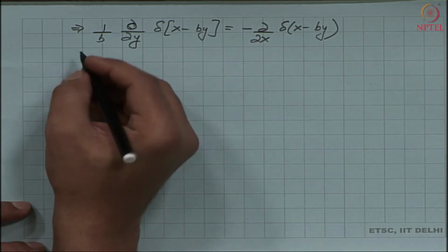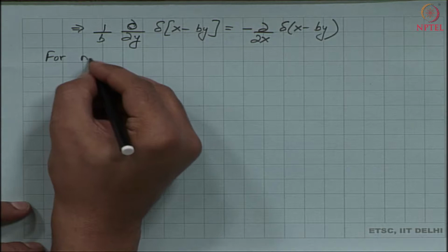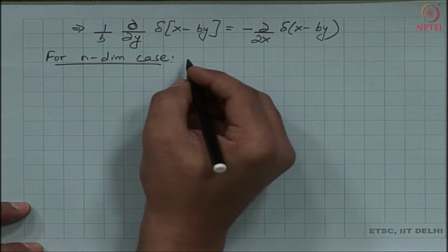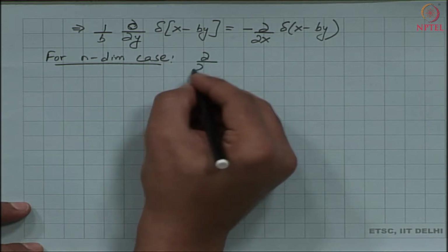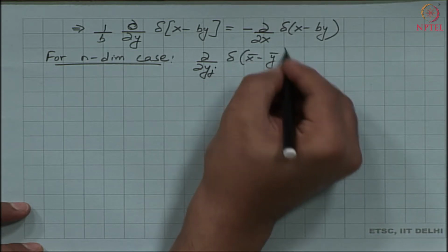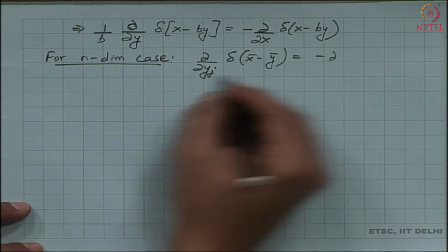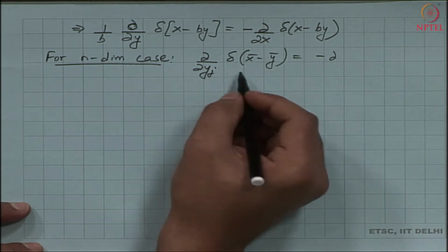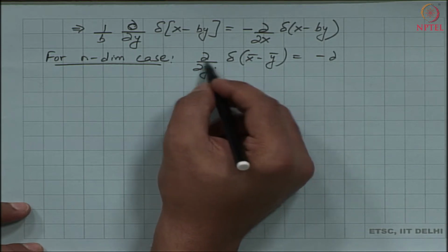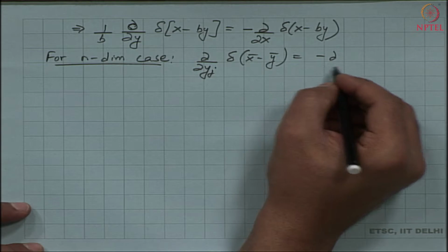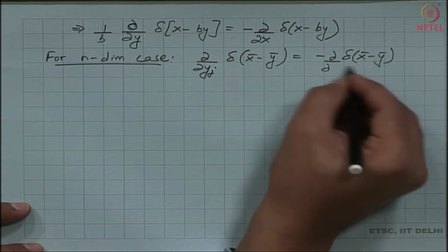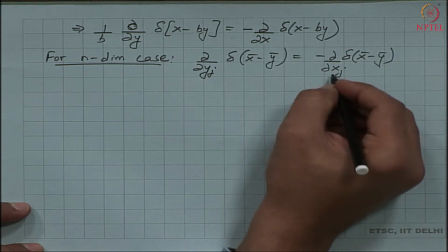Now, for the n dimensional case, I can generalize my previous results. The derivative of the delta function with respect to the jth component is also equal to the derivative of the delta function with respect to the jth component of x with a minus sign.